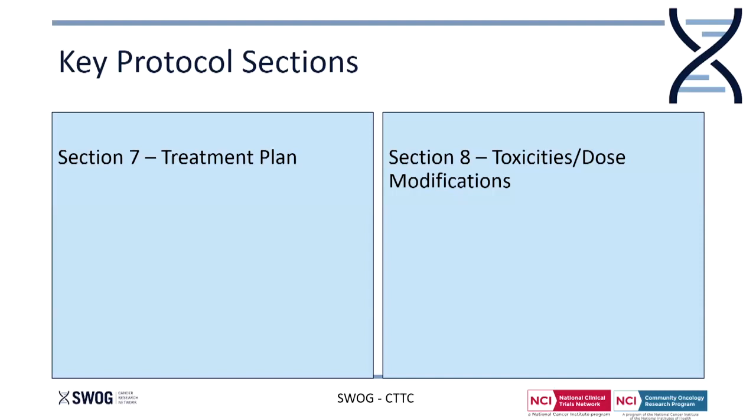So a lot of those details are separated into those different sections. So if it's routine treatment and things like supportive care, that would be in Section 7. But if it's treatment that might be given only if a patient experiences adverse events, then that would be in Section 8.